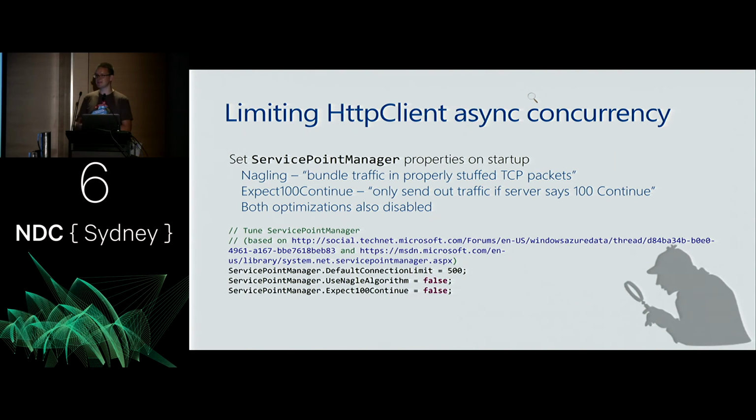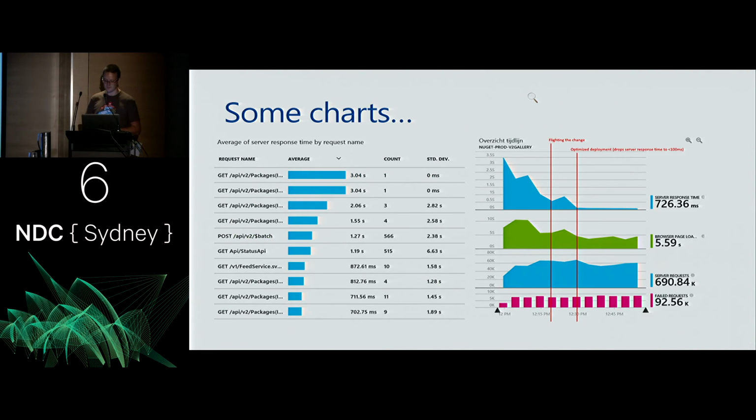So we disabled it to make sure that, yes, the network would be flooded a little more, but traffic would flow faster back and forth between our search service and the gallery. So we did that, and we also disabled Expect 100 Continue on this thing to basically make sure that the TCP connections would be freed up faster on the server there.